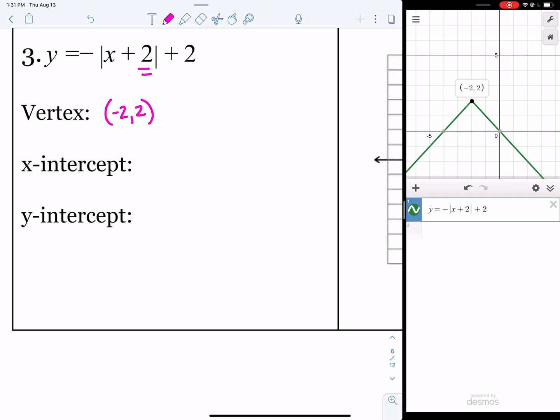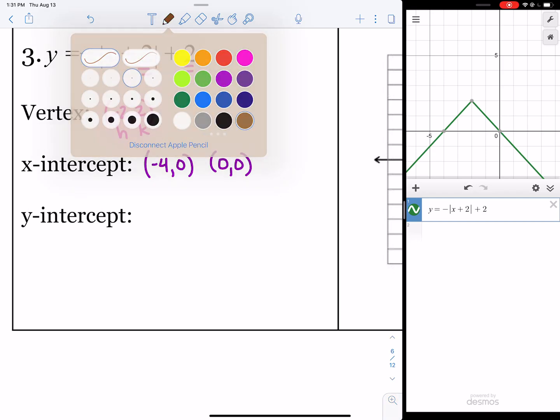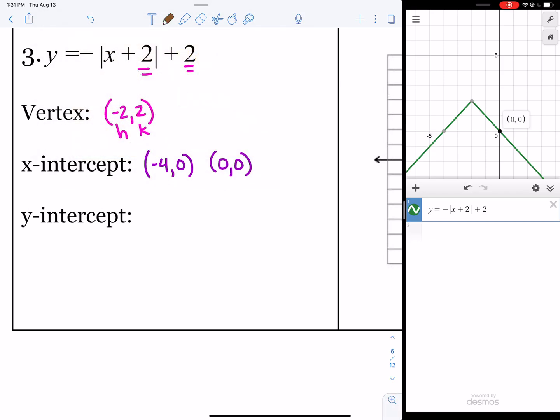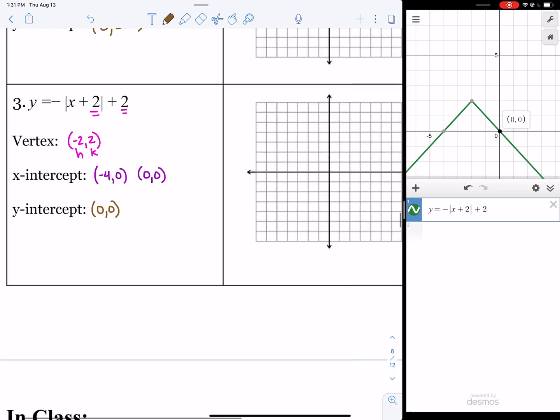Notice it's your h and your k value. And we can pick out our x-intercepts. Let's just take the vertex off of there. -4, 0, and 0, 0. And then I like to remove those and pick out the y-intercept with no distractions. So notice it is the same as one of the x-intercepts, but that is perfectly fine.